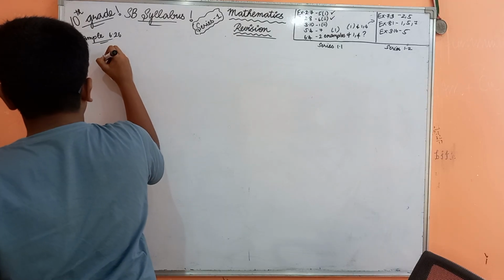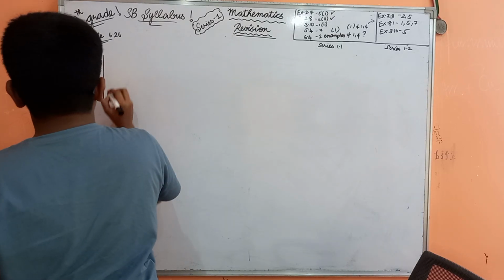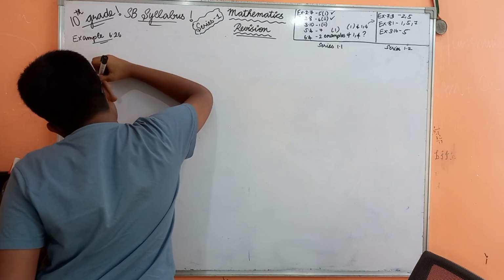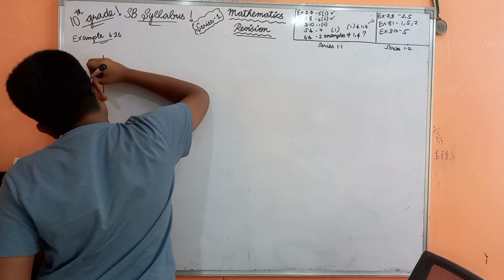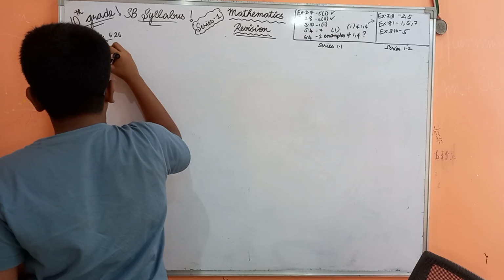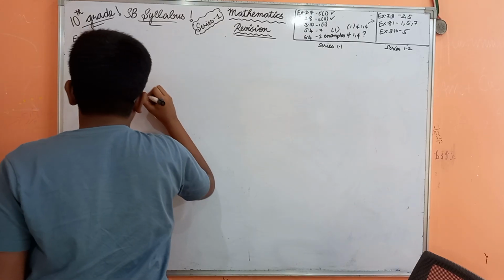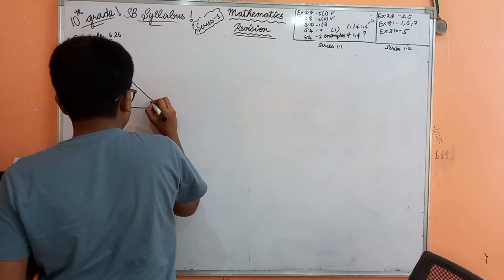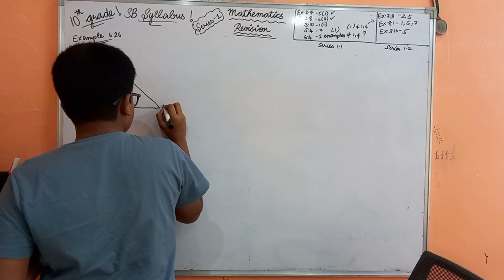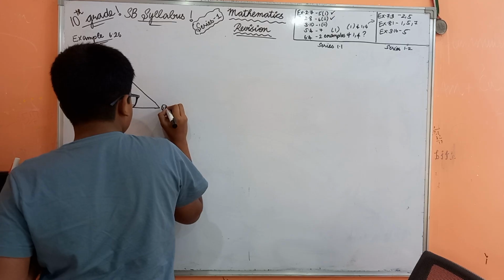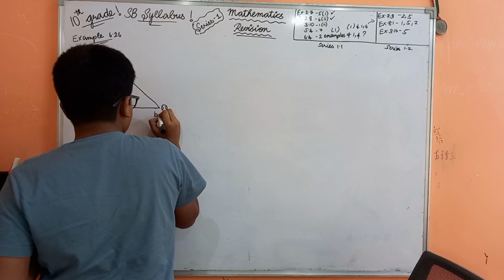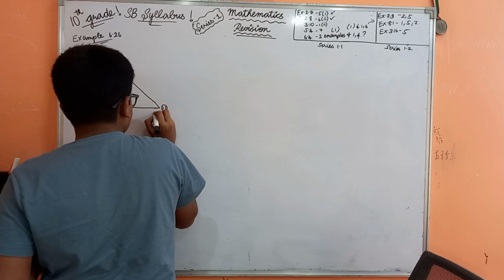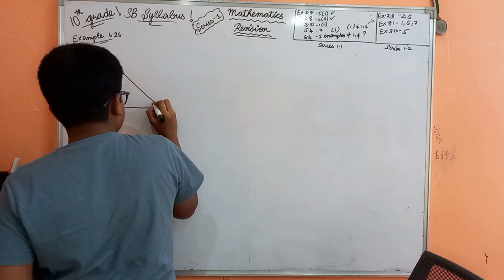So I'm going to draw a diagram, guys, because without a diagram you cannot mark. This is a tower, which is 20 meters, and the player sees a ball at 60 degrees.